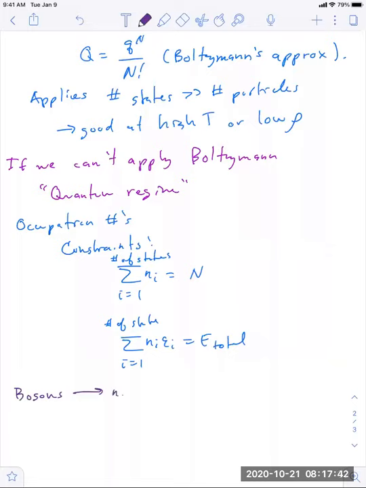For bosons, the max occupation is infinity, so you can keep adding particles to states. And for the other type of particles, fermions, no two particles can occupy exactly the same state. So the maximum occupation of any state is just one.